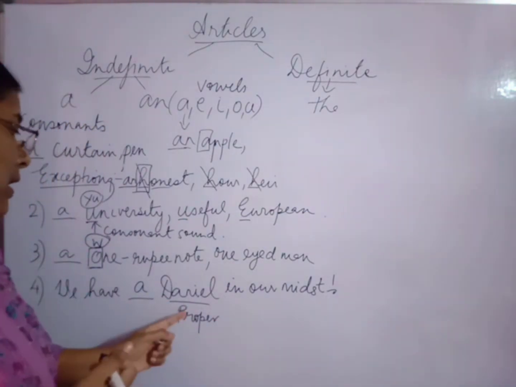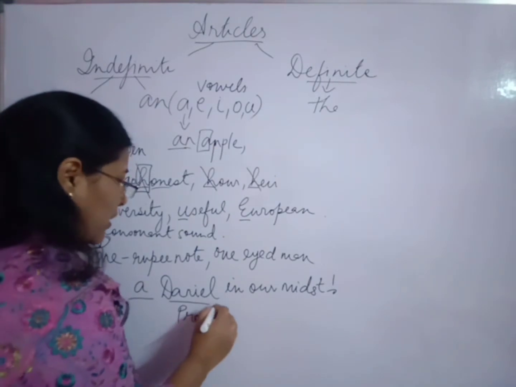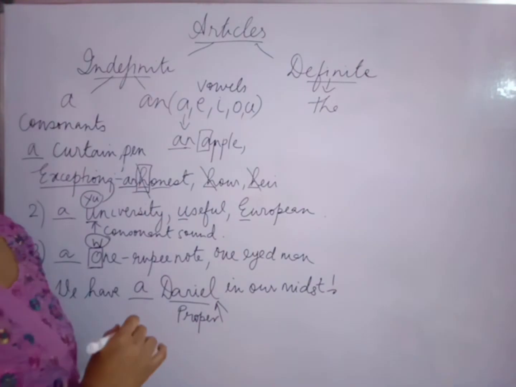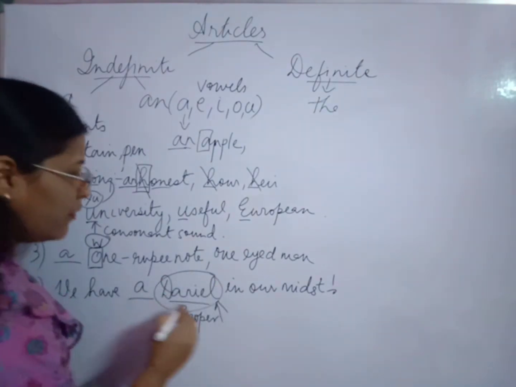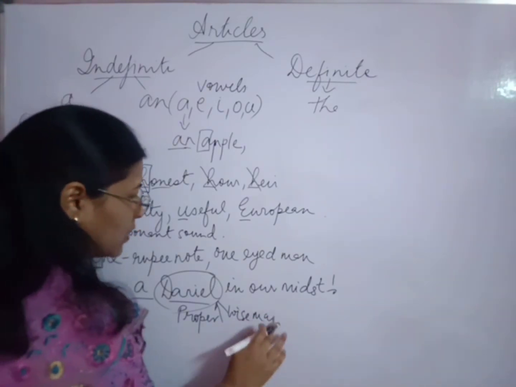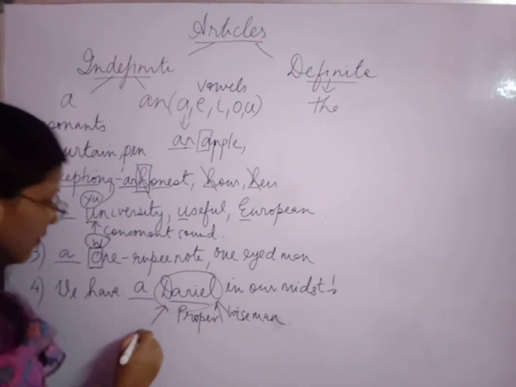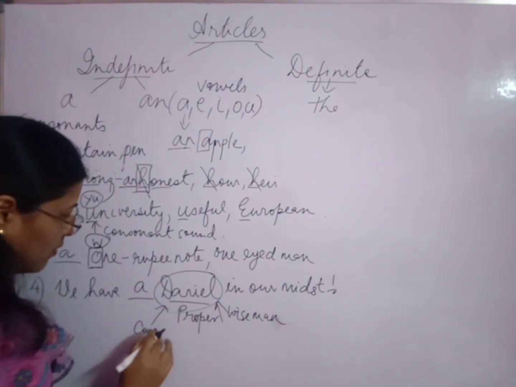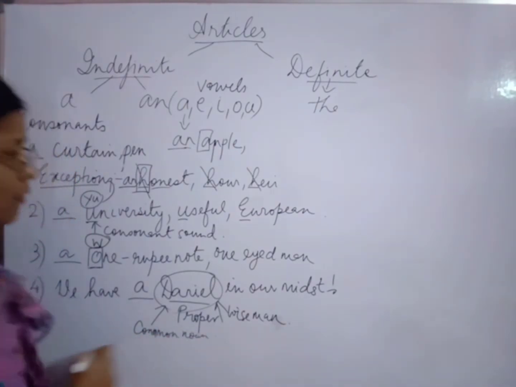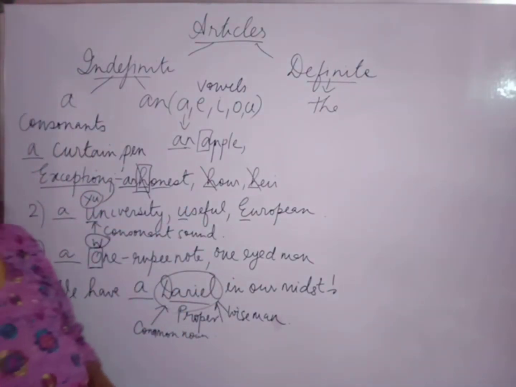So here it is not used as a proper noun. It is changed to a common noun. The sentence is actually, we have a wise man in our midst. So the proper noun is changed to a common noun. So children, copy this down and remember these exceptions.